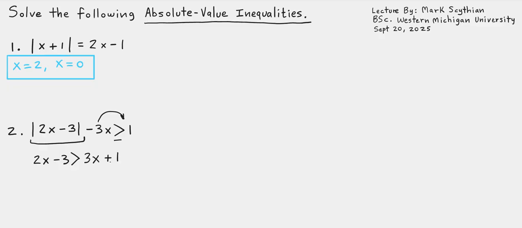So there are a few tricks to solve this one. We can go ahead and just solve it as if it is a normal algebraic equation. So positive 3x comes to the other side, so this is 2x minus 3x. And then we bring the negative 3 over to the other side, so that's positive 3 plus 1.